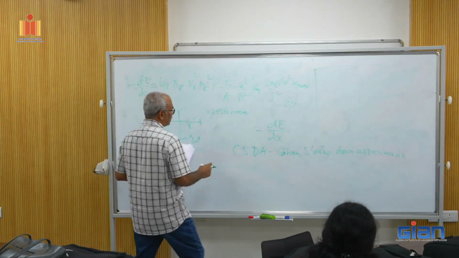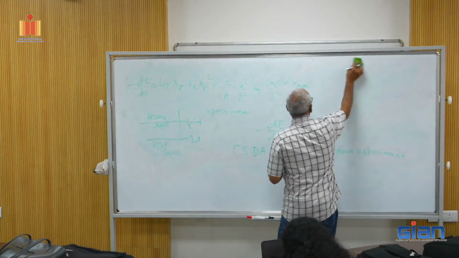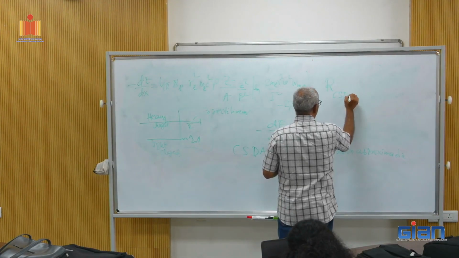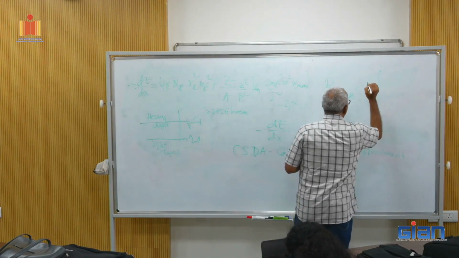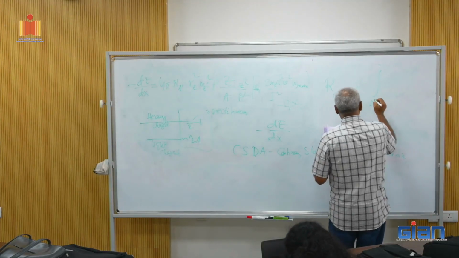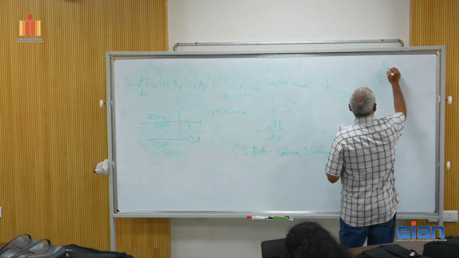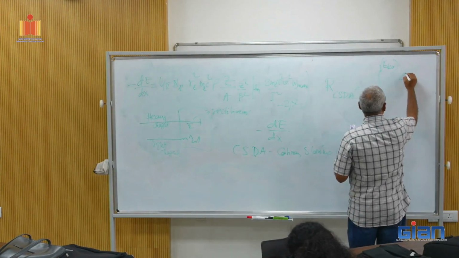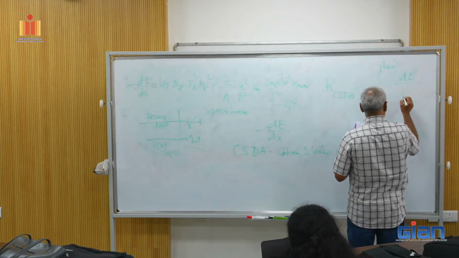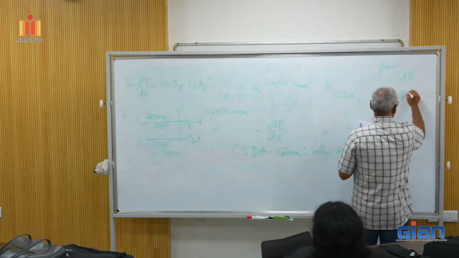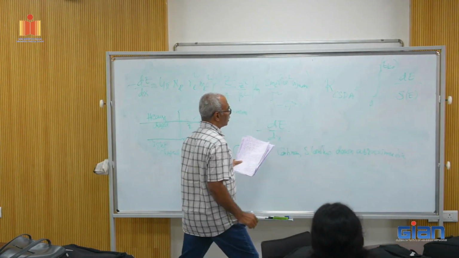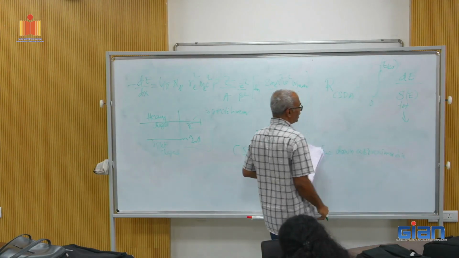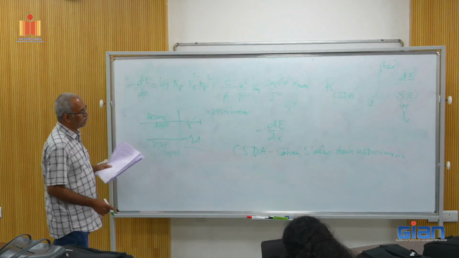And this is defined something like this: CSDA is the integral from 0 to Ek0, the initial kinetic energy, of dE over dE/dx, which is a function of energy. This dE/dx is nothing but the stopping power that I wrote, which we will come back to.